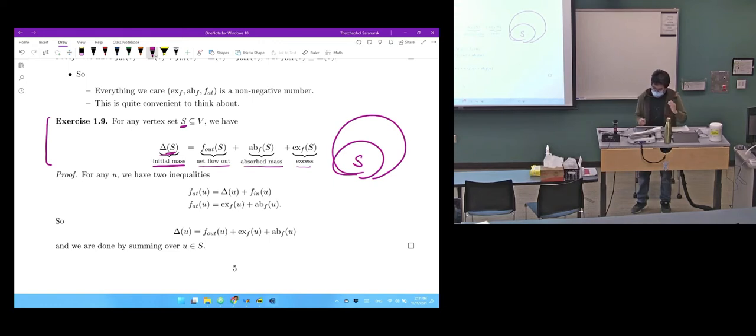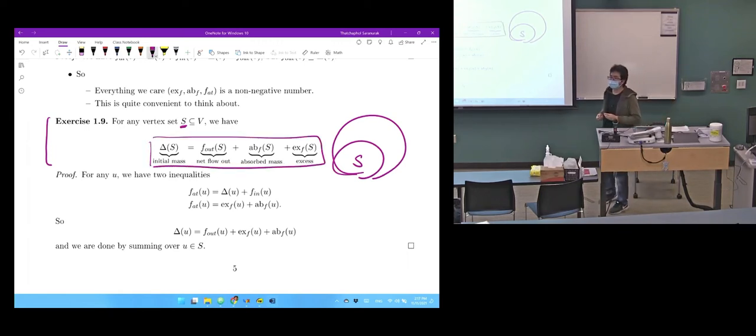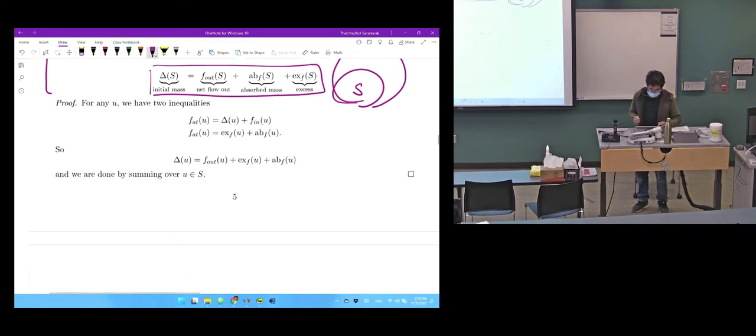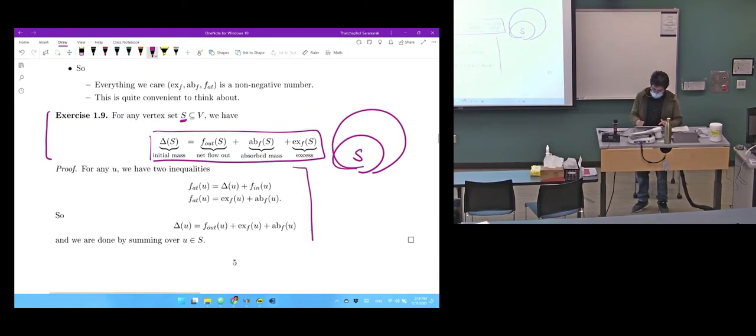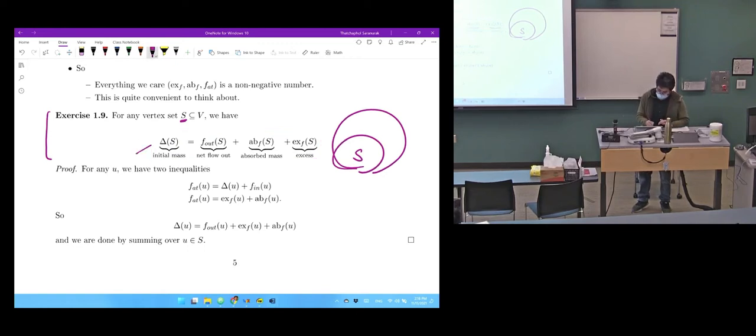So the mass either goes out, or is absorbed, or remains there, not absorbed. And that's why you will get this equality. Okay. Makes sense? Okay. And the proof, you can do the math, but this just explains the idea.